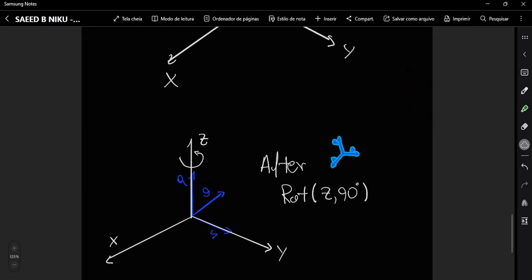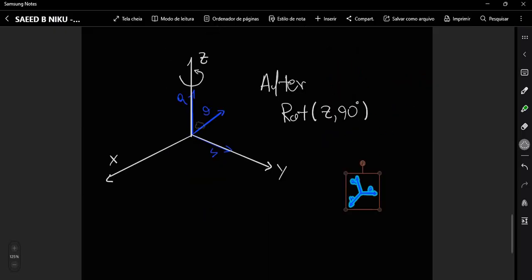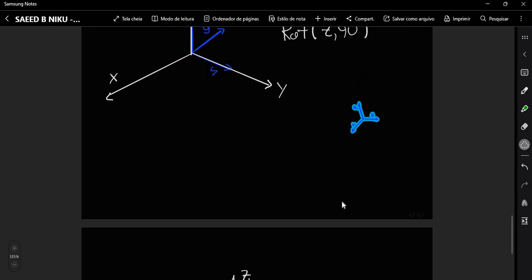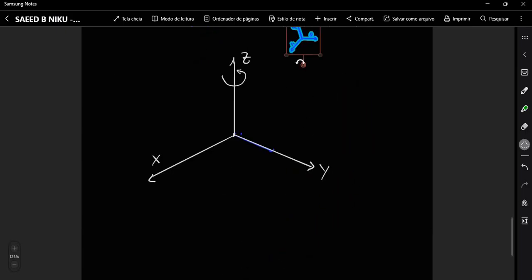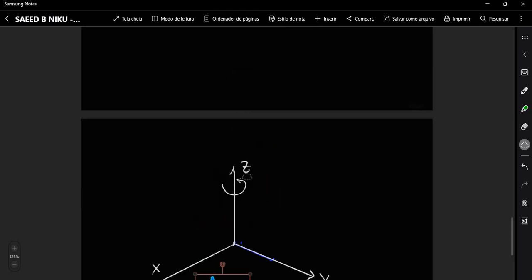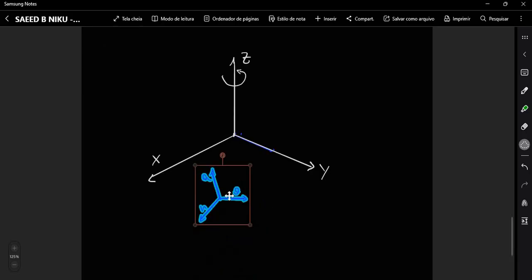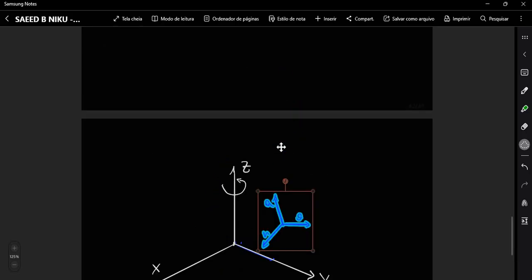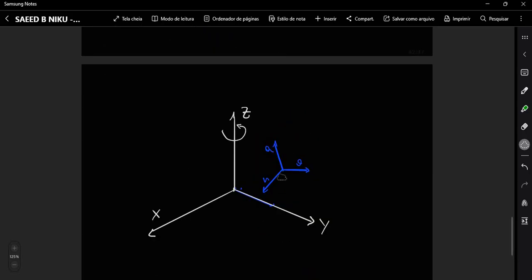What's going to happen is that now this reference system FNOA is going to change in terms of position. Let me see the way that I'm going to do this.